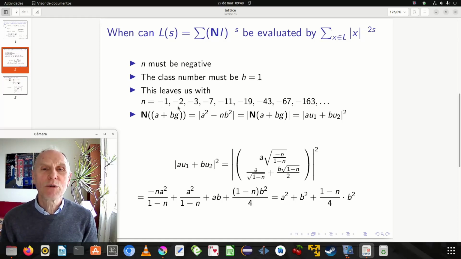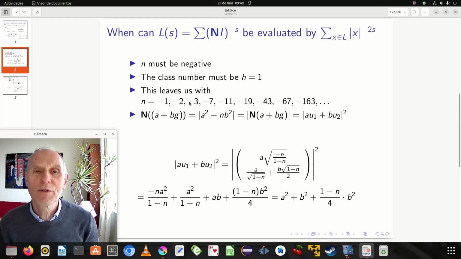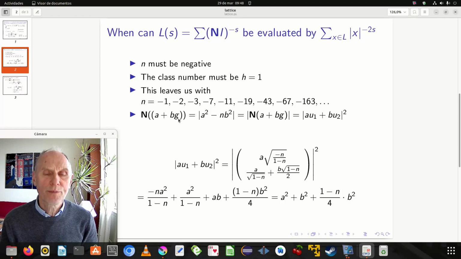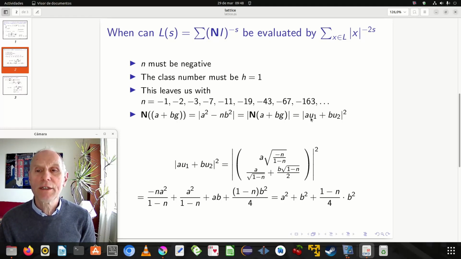So that leaves us with very few or very rare occurrences, but -1, the Gauss integers, and -3, the one of this problem, are exactly covered by it. And we need to verify that the norm of a plus bg actually is equal to the inner product.